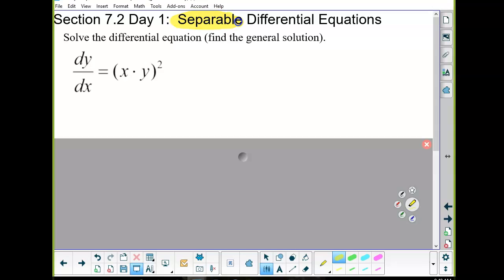That's a key word, separable. What does it mean? Well, to separate. We have to separate x's and y's. So anything that has a y needs to be over on the other side with dy. Anything that has an x needs to be with the side that says dx. And that's the big goal for today.